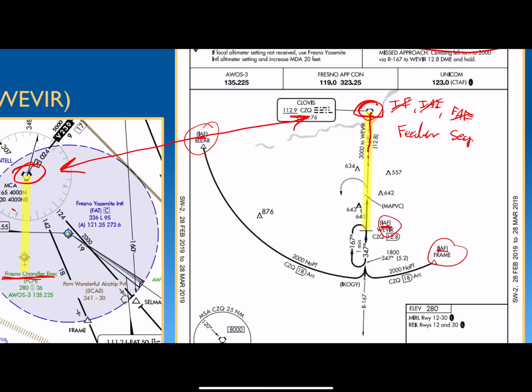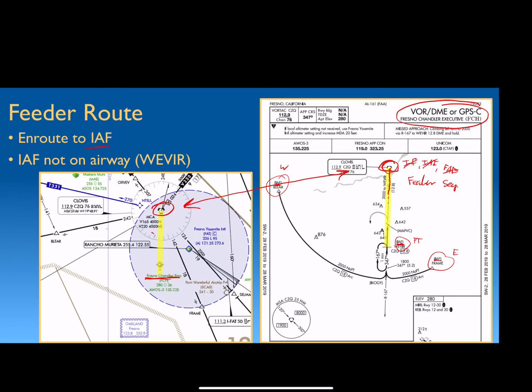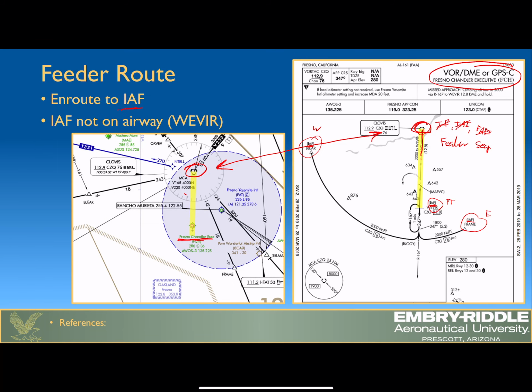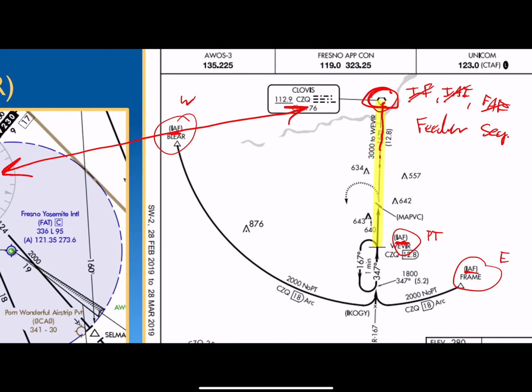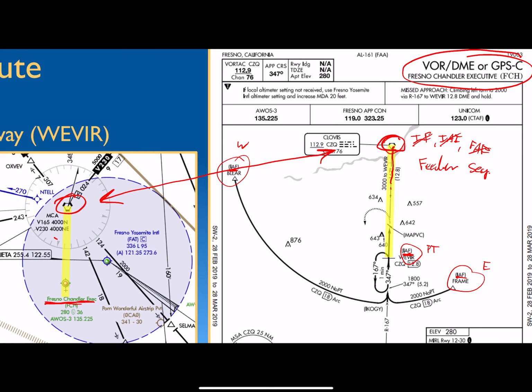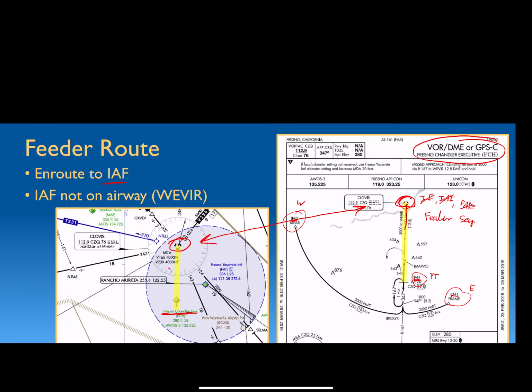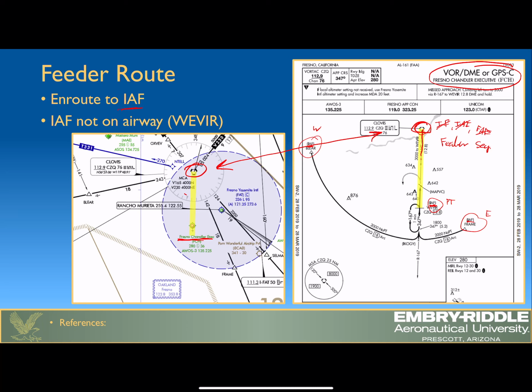You could arc from the east here, you could arc from the west, or you could do a procedure turn, which we'll talk about in a second. So there's lots of ways you can start this approach. There's lots of approach fixes, but we'll talk about the IAF in a second. So anytime you see an approach plate that has a fix guiding you to the IAF, that is your feeder route, or your feeder segment.